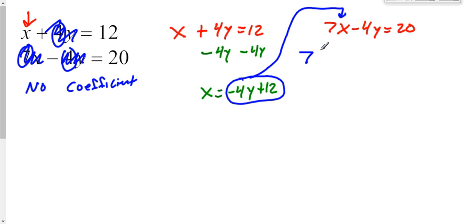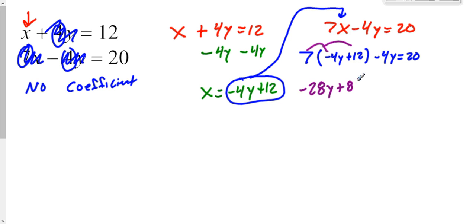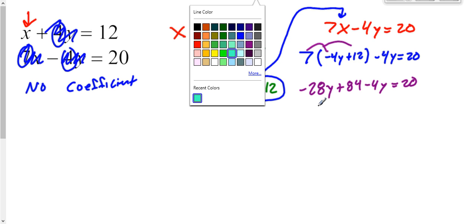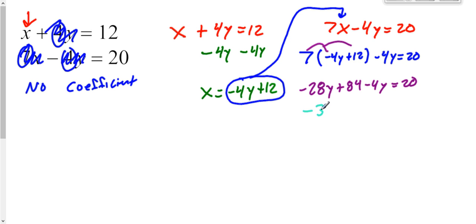So we have 7, parentheses, negative 4y plus 12, end parentheses, minus 4y equals 20. Distribute that 7, we get negative 28y plus 84 minus 4y equals 20. Combine our like terms, and we get negative 32y plus 84 equals 20.